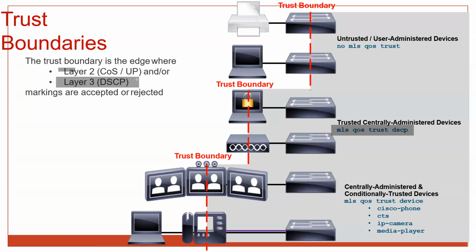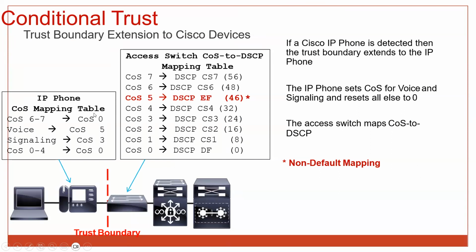If you apply the marking at layer 2, you have to use COS, class of service, right? So you will understand, we have very nice slides explaining what is COS and what is DSCP. Markings are accepted or rejected. You can apply the marking and then you can accept or reject. Very easy concept. The important thing we have to understand is COS and DSCP.